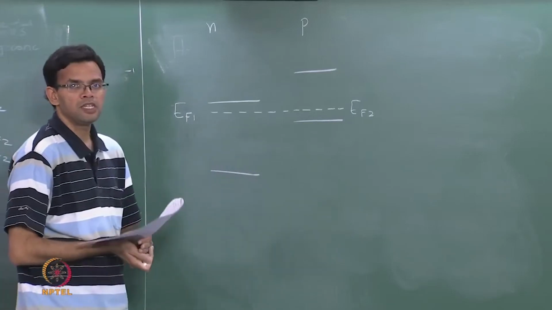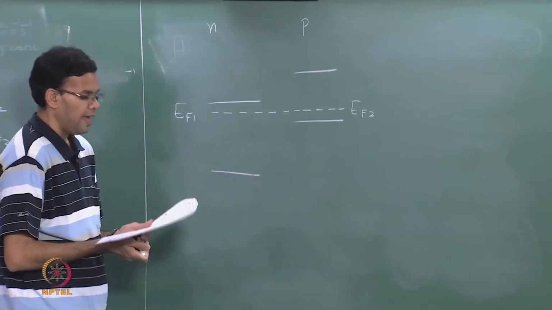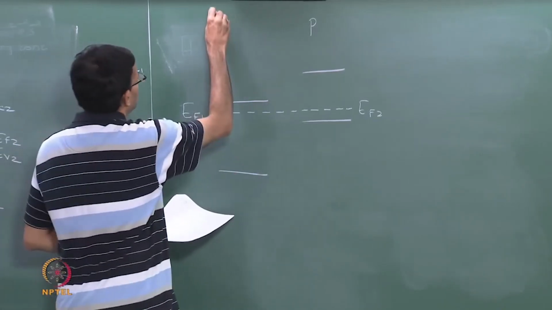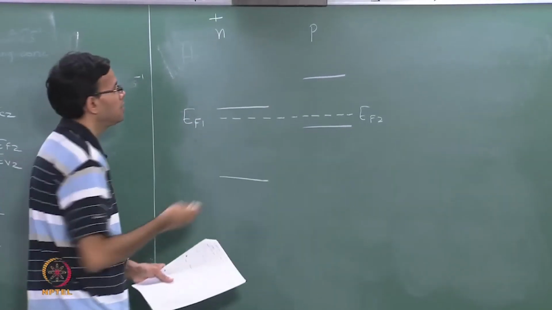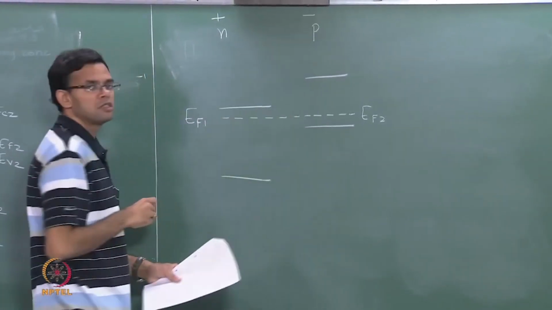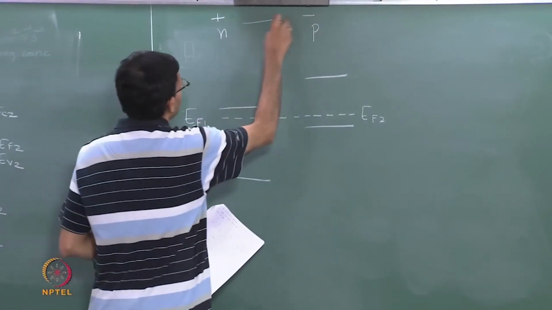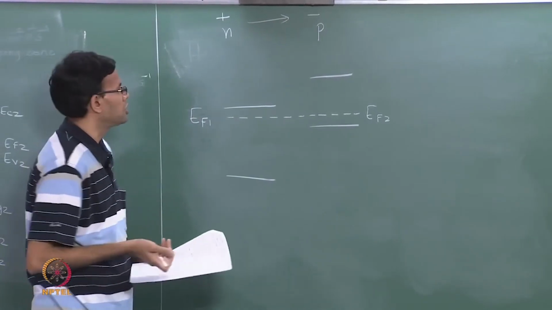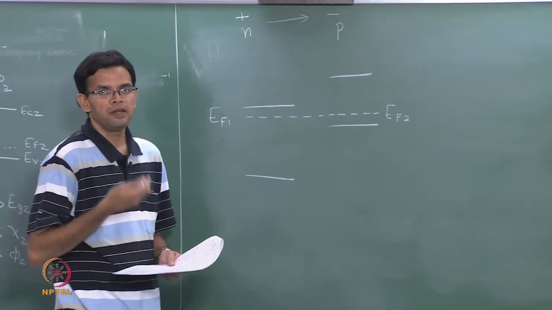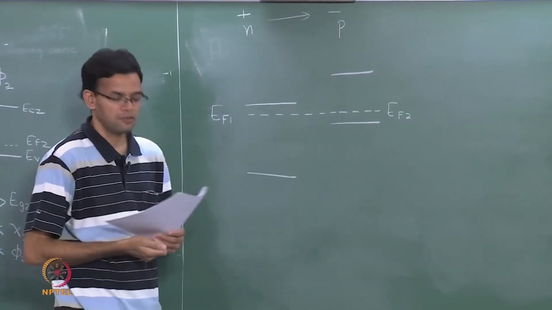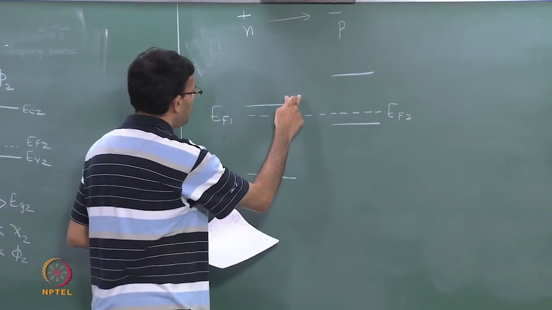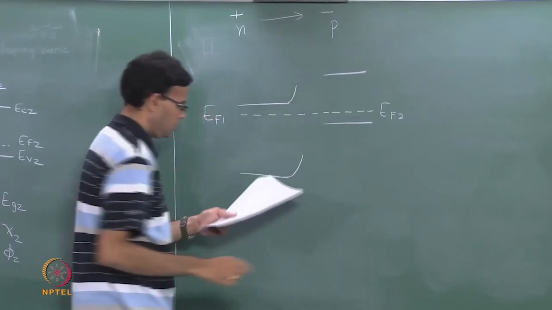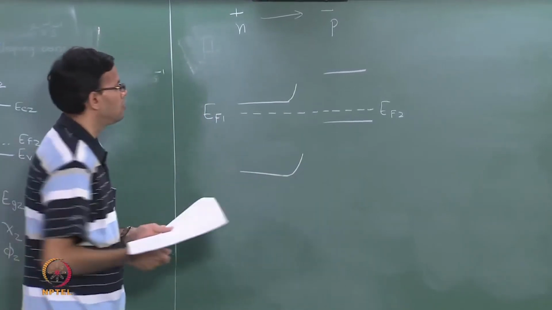So, if you look at this p-n junction, you will see that electrons go from the n to the p side. So, that there is a net positive charge on the n side, there is a net negative charge on the p side. So, the electric field goes from n to p. This is the same concept in a regular p-n junction, and we know that bands bend up in the direction of the electric field. So, the bands have to bend up on the n side and the bands have to bend down on the p side.